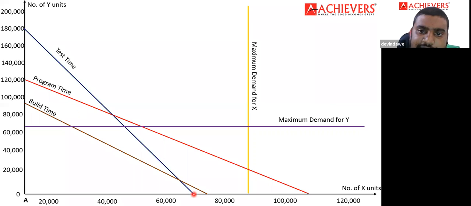Clear? So I told you that there are two types of corners, right? The first one, a corner could be where a constraint intersects with the x-axis or y-axis.